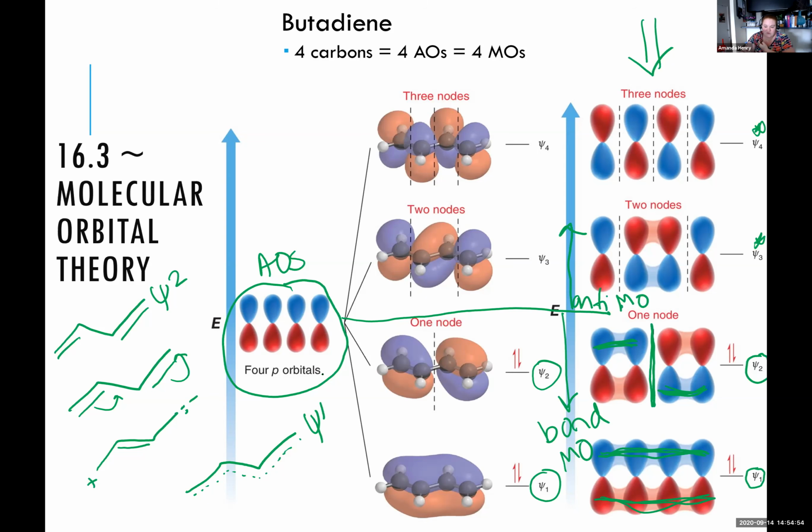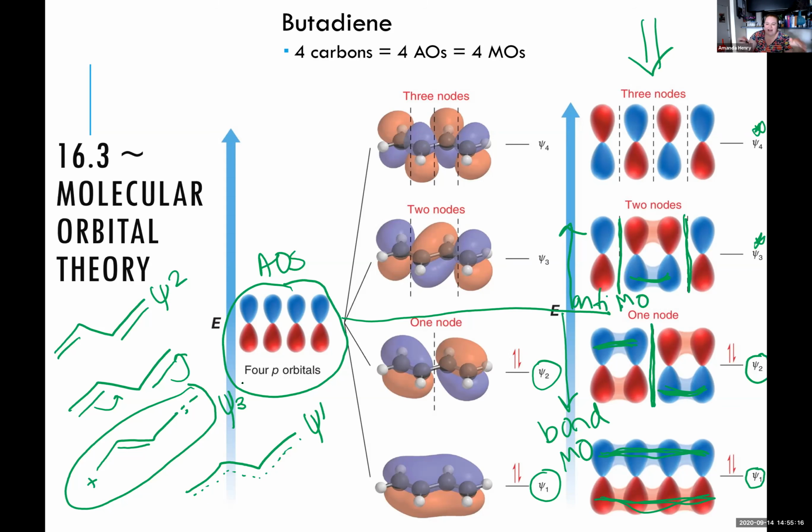And then on the next one, we have that overlap in the middle, but the 2 on the edges aren't participating, so we end up with these 2 nodes. That's kind of this one, which would make sense. It should be a little bit higher in energy because we have the charges.